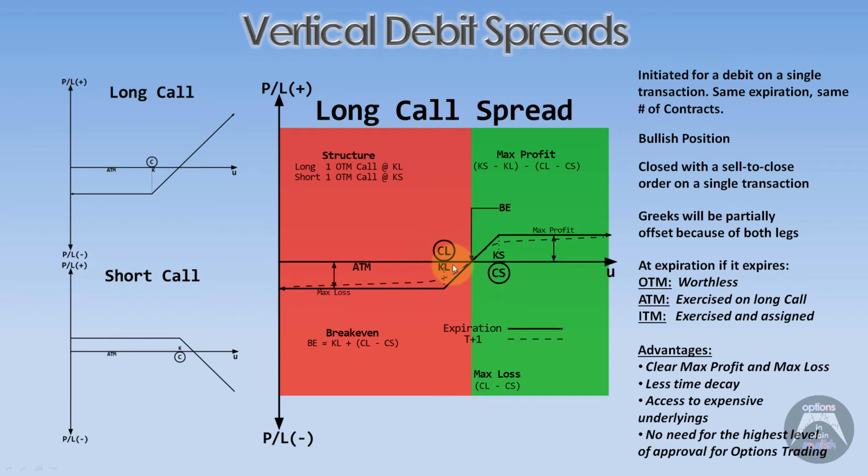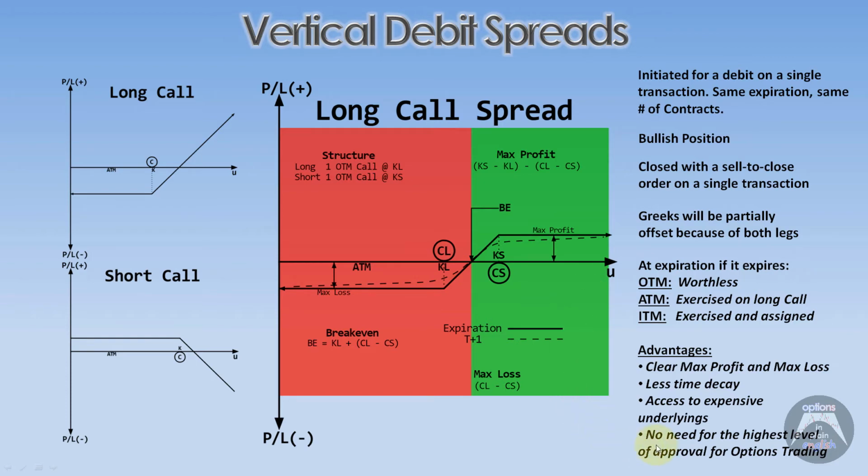So you are certain that you're going to be putting up less than $500 in this case for one single contract, whereas otherwise you would have to come up with at least $5,000 because that call is going to be trading at $50, for example.